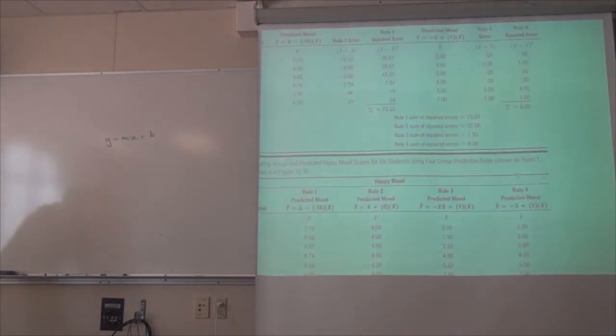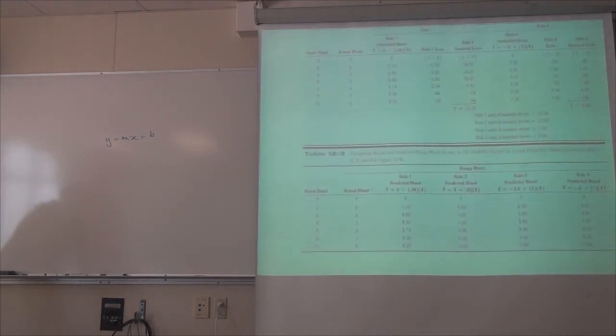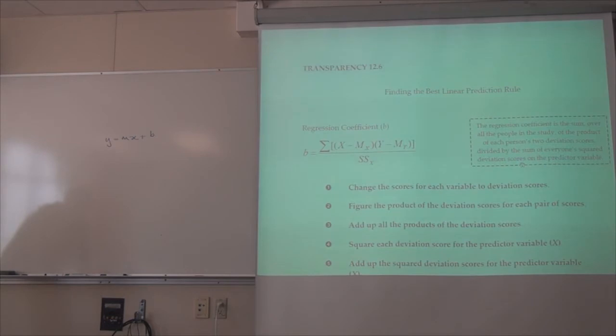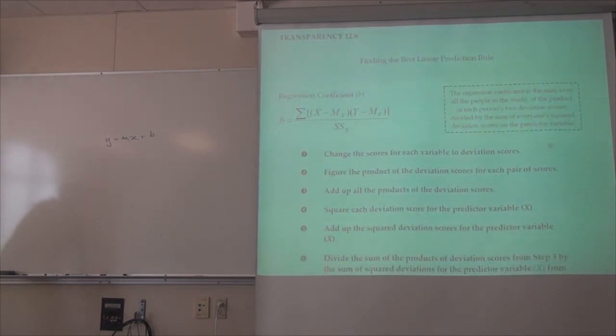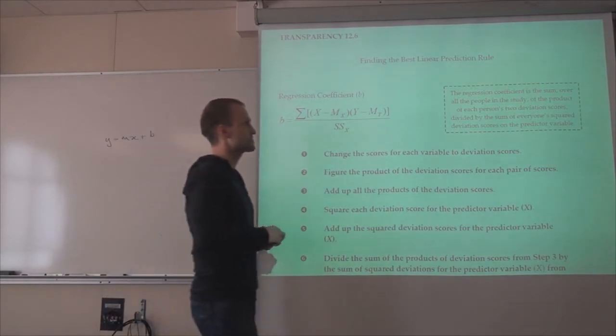So I'm going to look for the one with the lowest sum of squared errors. And I'll call that the best linear prediction line.